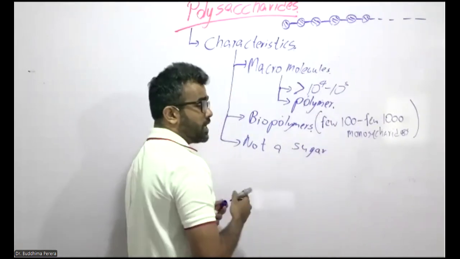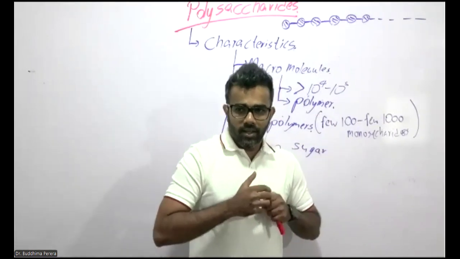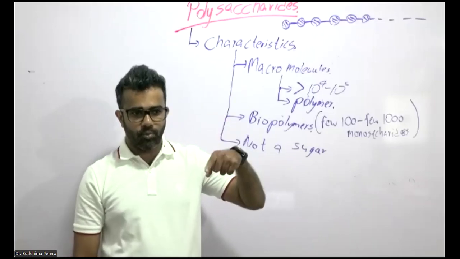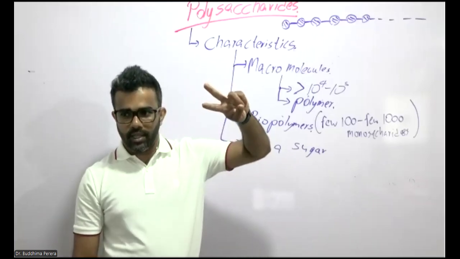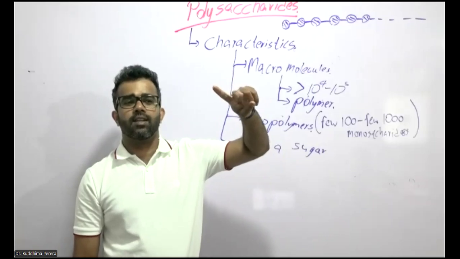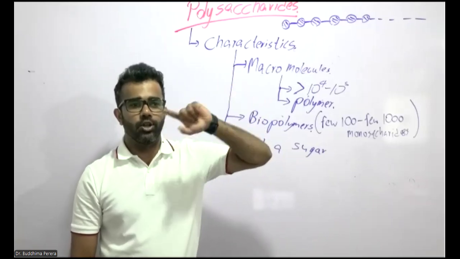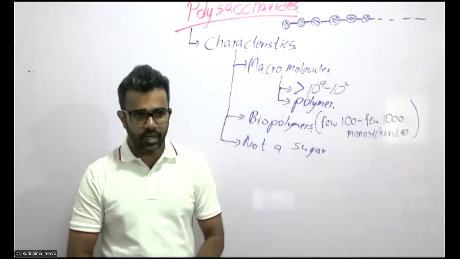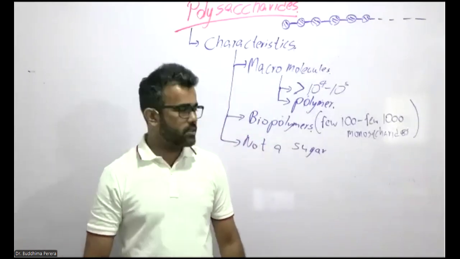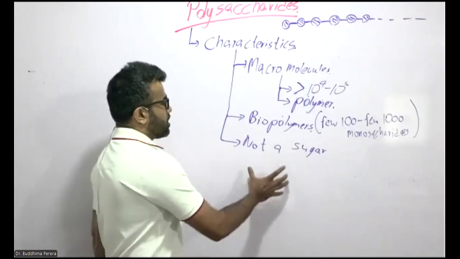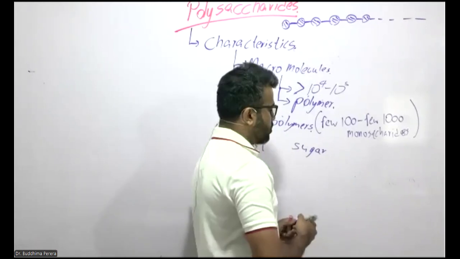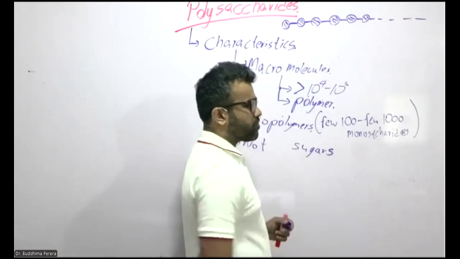In the beginning of the lesson, we said that carbohydrates have 3 types: monosaccharide, disaccharide, polysaccharide. We considered monosaccharides and disaccharides as sugars. We don't consider polysaccharides as sugars.